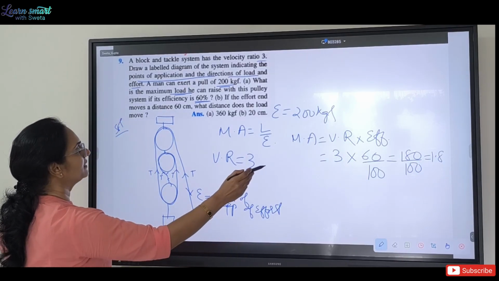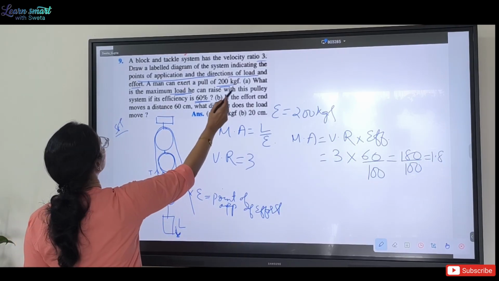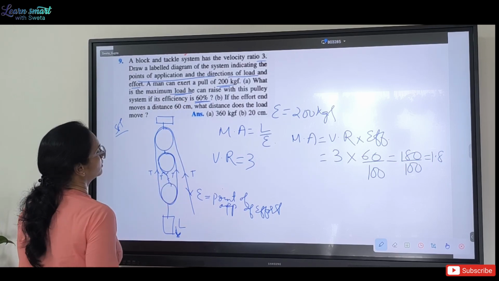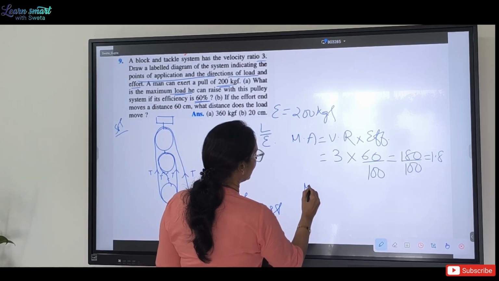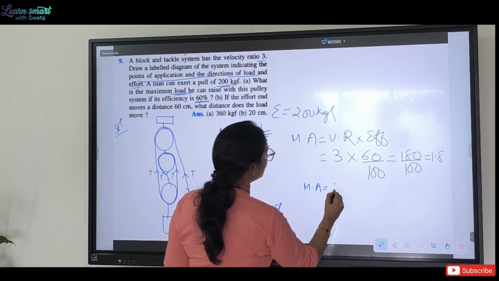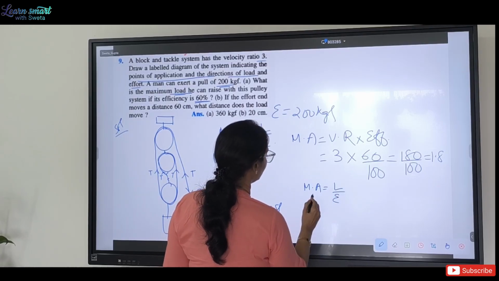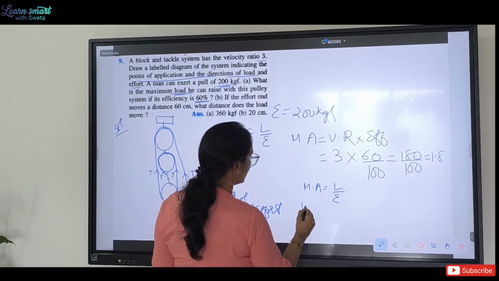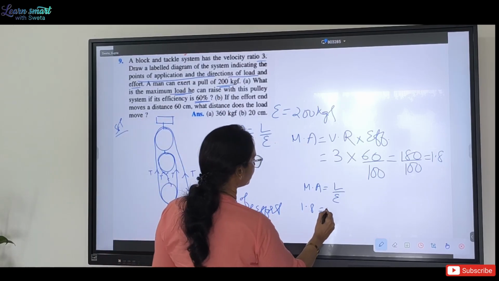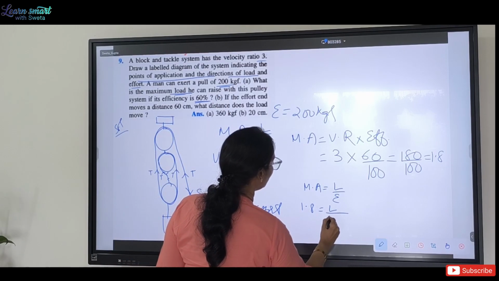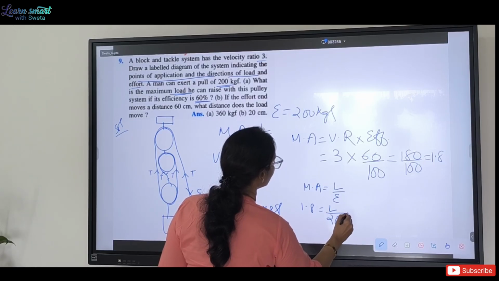So we got the mechanical advantage as 1.8 and we have to calculate the load. So we will write mechanical advantage is equal to load upon effort, and 1.8 equals load upon effort, which is 200 kgf. So we will write load upon 200 kgf, so into 10 we will do.